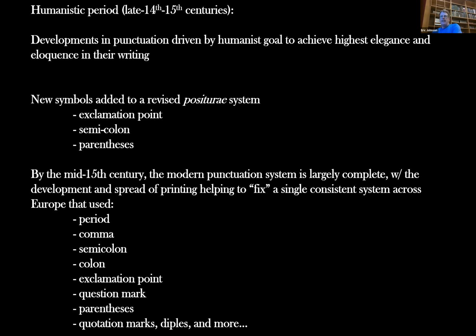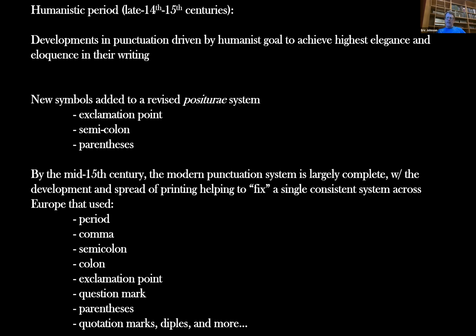But the oldest texts and the classical texts that they did encounter typically were preserved in Carolingian manuscripts. So they became exposed once again to fully developed forms of the positurae system. And they took this form and ran with it and adapted it for their own purposes in order to create a much more nuanced system of punctuation that started to introduce a lot of the modern marks that we're seeing.